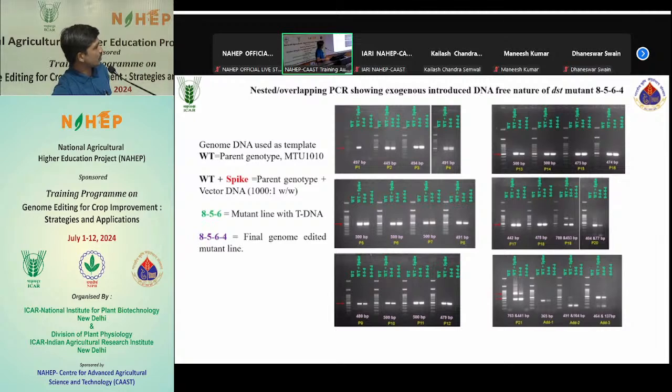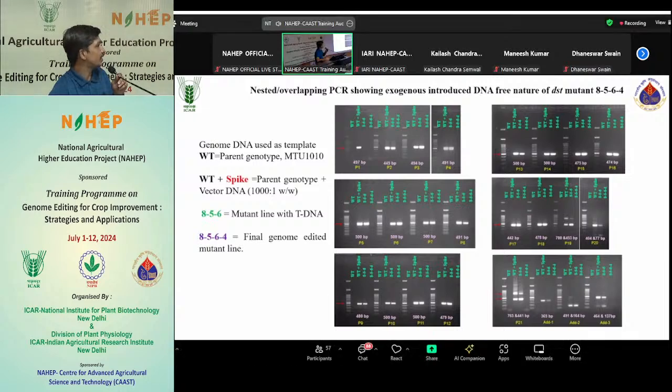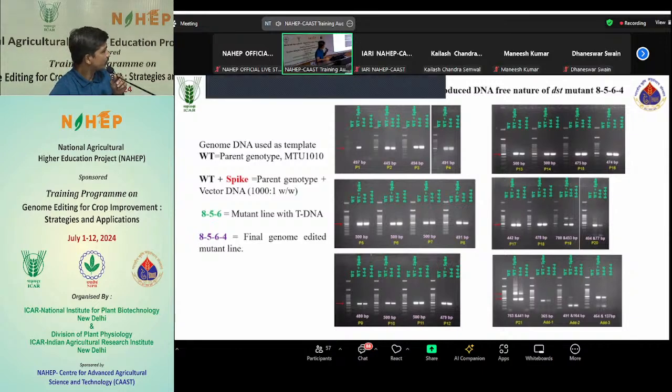You may ask why you are not getting a band here. Since my tDNA right border is integrated within the genome, during this transgene integration the right border was not there in this positive line itself. So this is my negative, and where it was integrated in my genome, this is the right border.